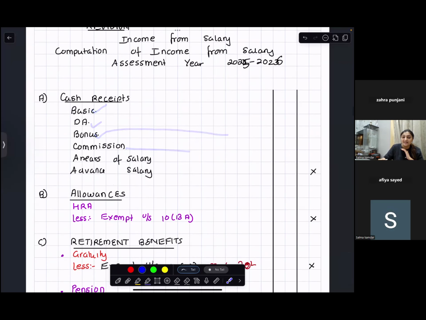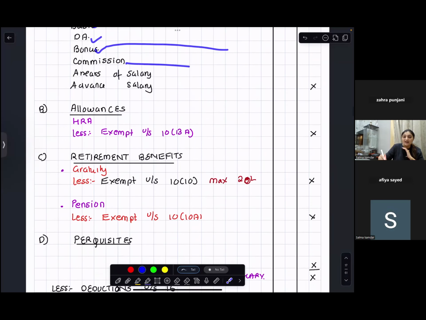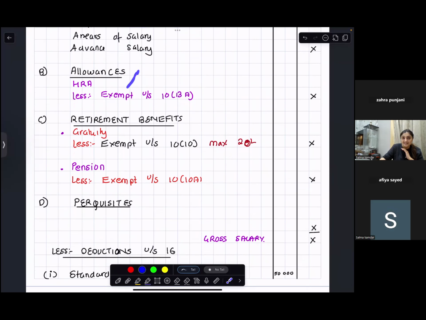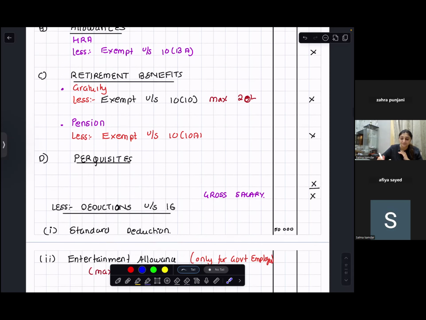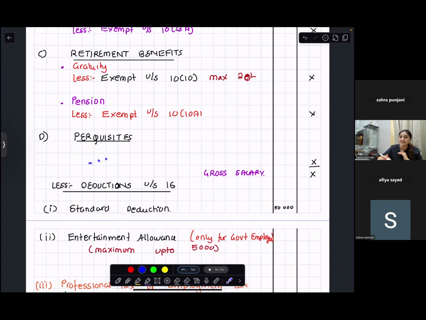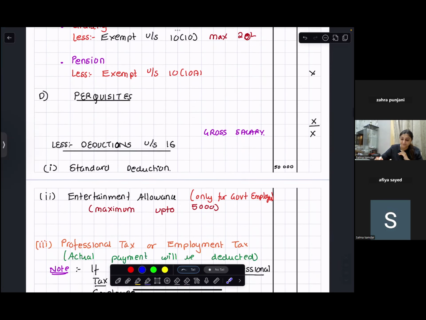We have arrears of salary, advance salary, and after that we have our allowances, whatever allowances we are getting, which would be under section 10 or 13A. After that, there are certain retirement benefits which I have not yet discussed with you. Gratuity and pension I am going to discuss further. Perquisites, that also I'm going to discuss further.